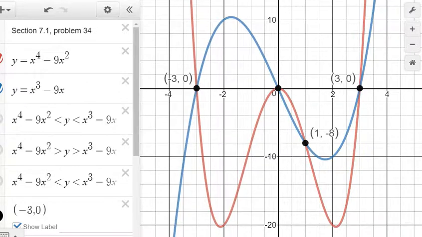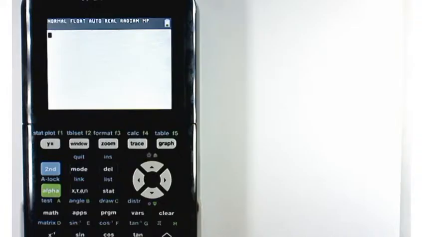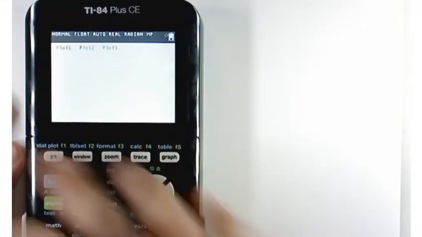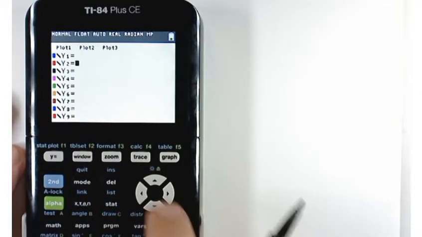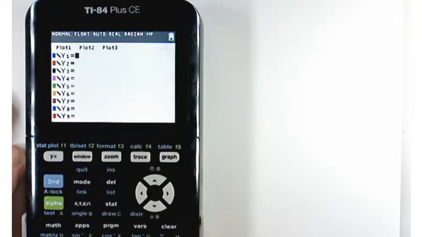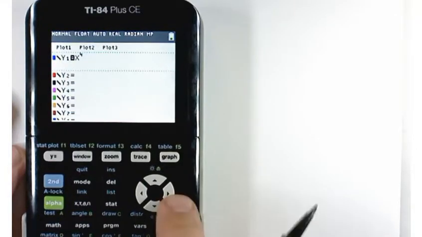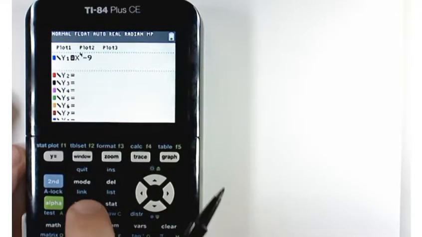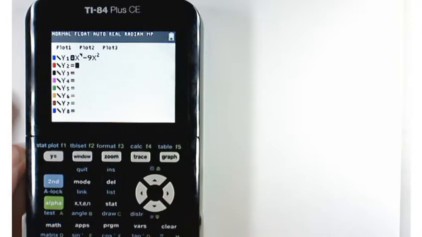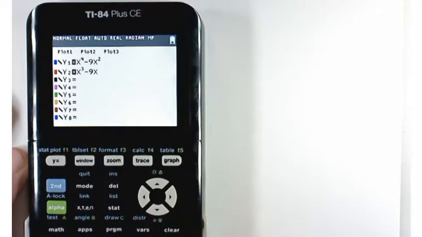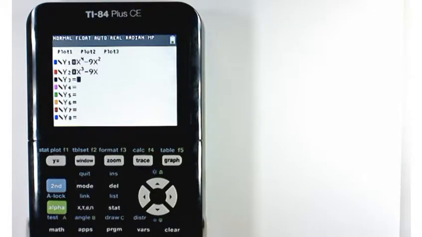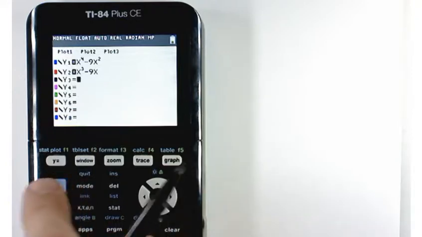So x to the fourth minus 9x squared, and x cubed minus 9x, like that. Now you could, if you needed to, take the time to graph that. I've already got the graph, so I'm not going to do that.